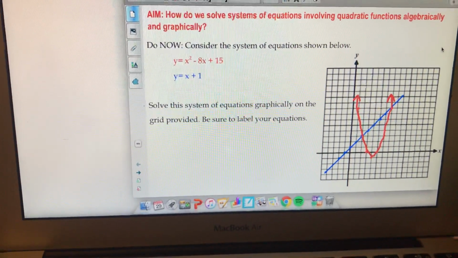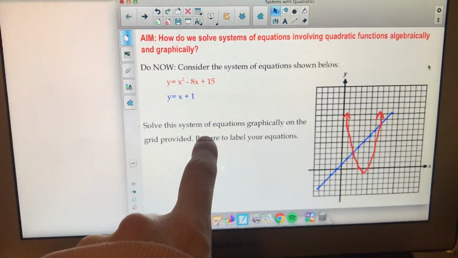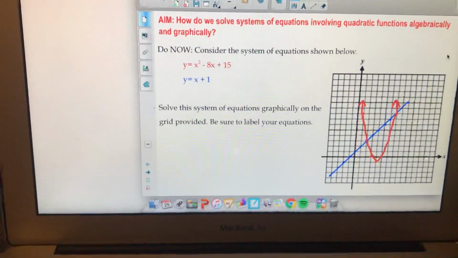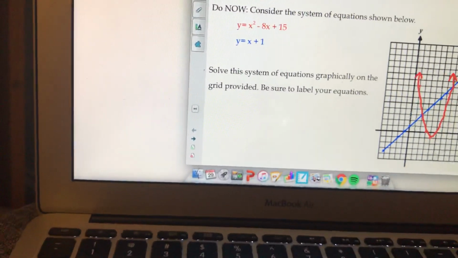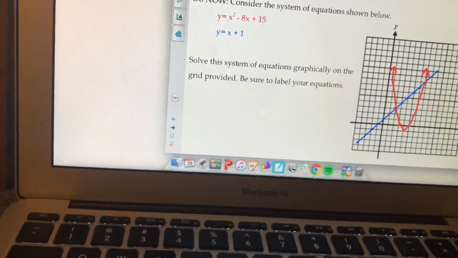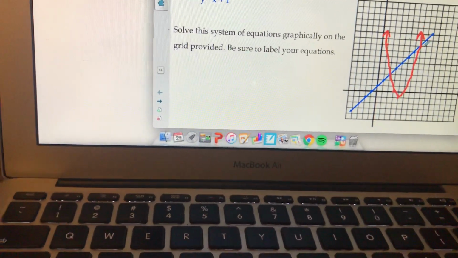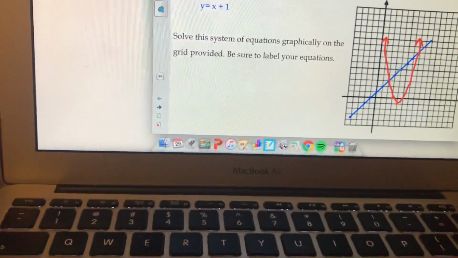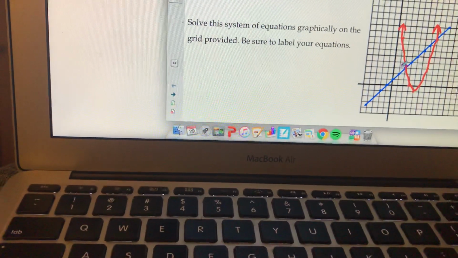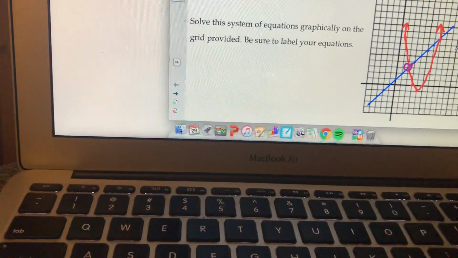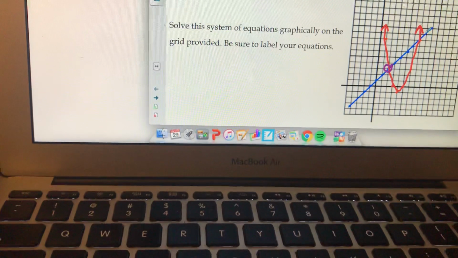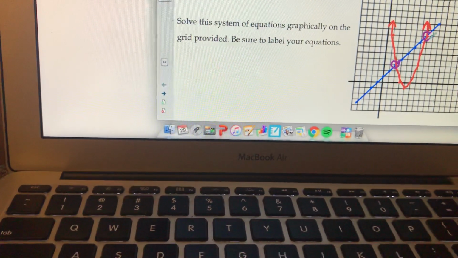So now it comes down to solving this system. I want to know what the solutions are. In order to find my solutions, a reminder since we haven't done this in a while, that's where your two graphs are intersecting. I see one of my solutions to be here, and my other solution to be this point here.